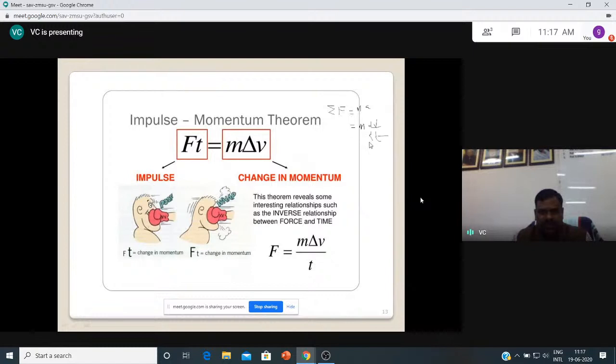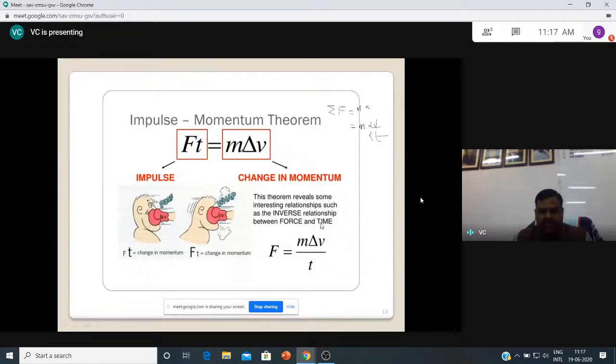If you move dt to the other side, sigma F dt, integrate both sides: F dt is equal to m dv, that is m delta v. Integrating dt from 0 to t, force into time is equal to mass into velocity, the change in momentum. This force and time are inversely proportional.